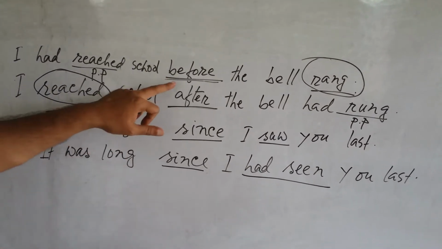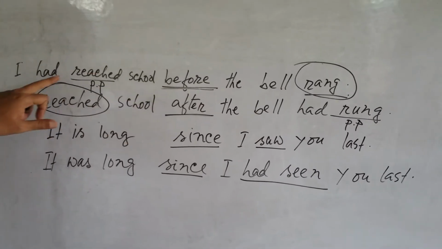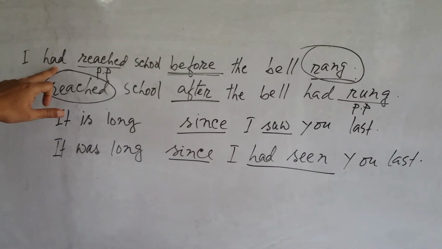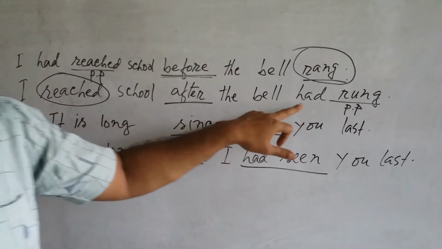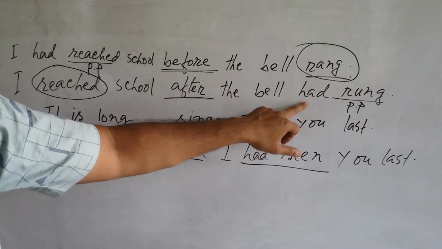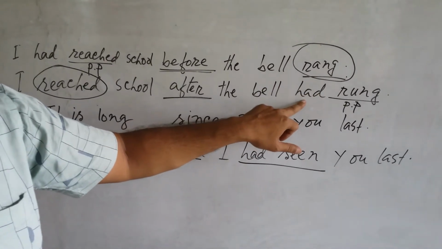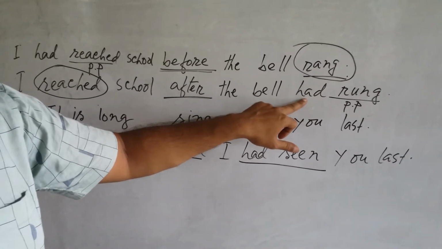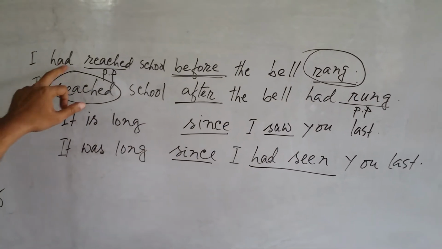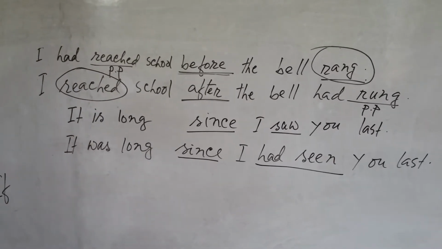So we will always use had before the conjunction before, and we will use had after the conjunction after, and the verb after had will be a past participle form.